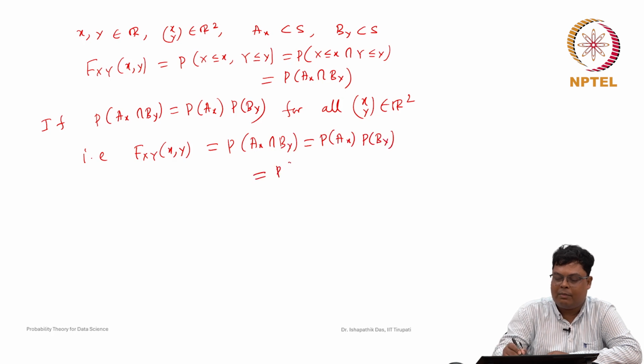What is the probability of A_x? Probability of X less than or equal to x. What is the probability of B_y? Y less than or equal to y. This is nothing but F_X(x) and this is nothing but F_Y(y), for all (x, y) belonging to R squared.